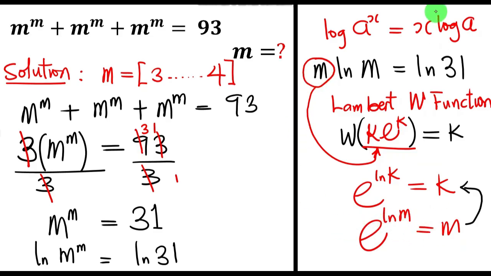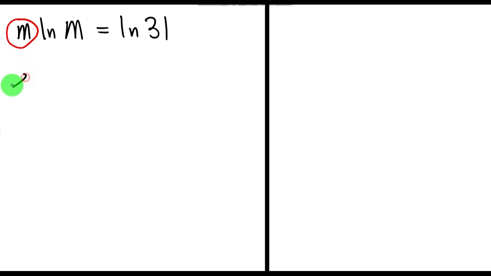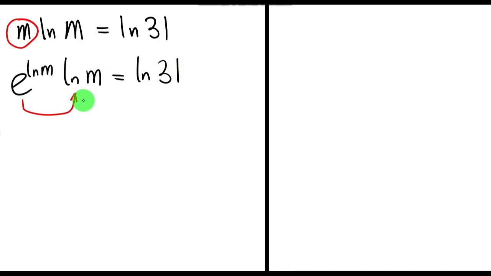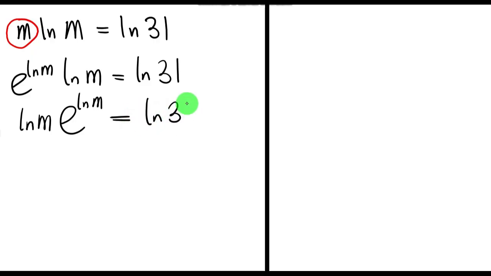Doing this, I'm going to have exponential ln m, then ln m equals to ln 31. If I wish, I can change this to this position, then return this back to this position. If I do, I have ln m, then exponential ln m equals to ln 31.